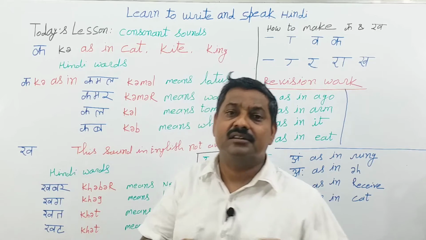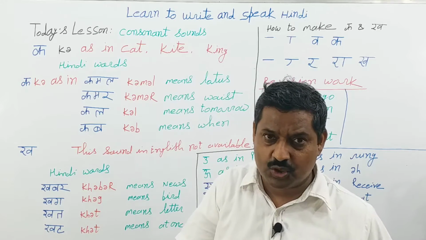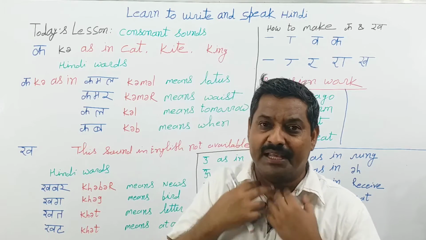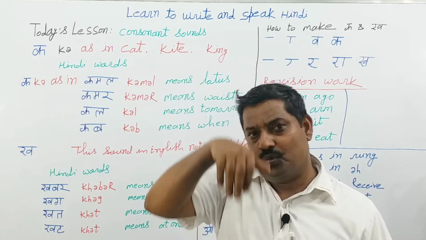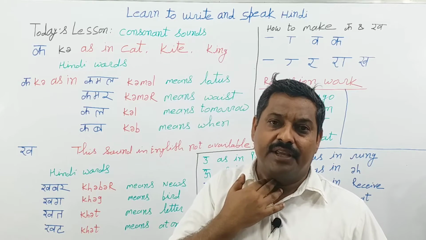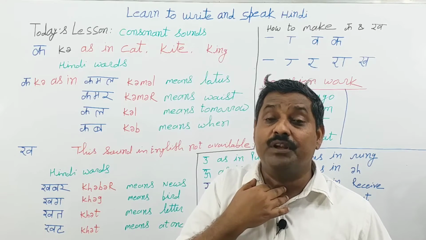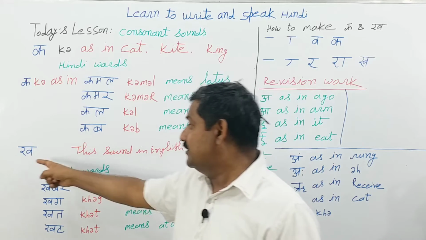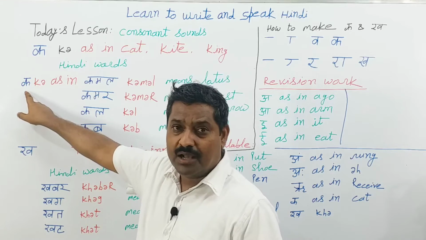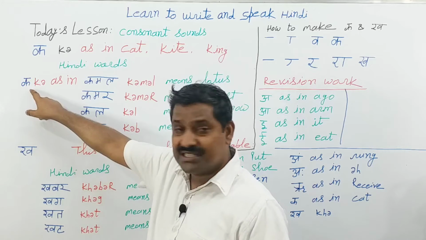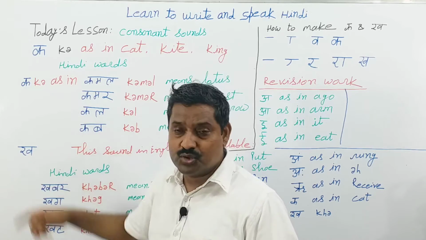The g sound is also pronounced from the same place. The tongue rises upward and touches the roof of the mouth, and then this sound comes.